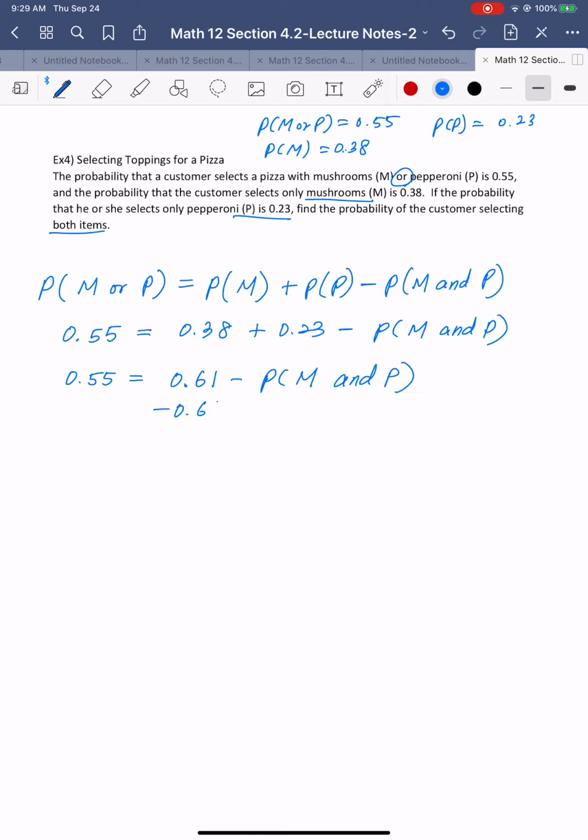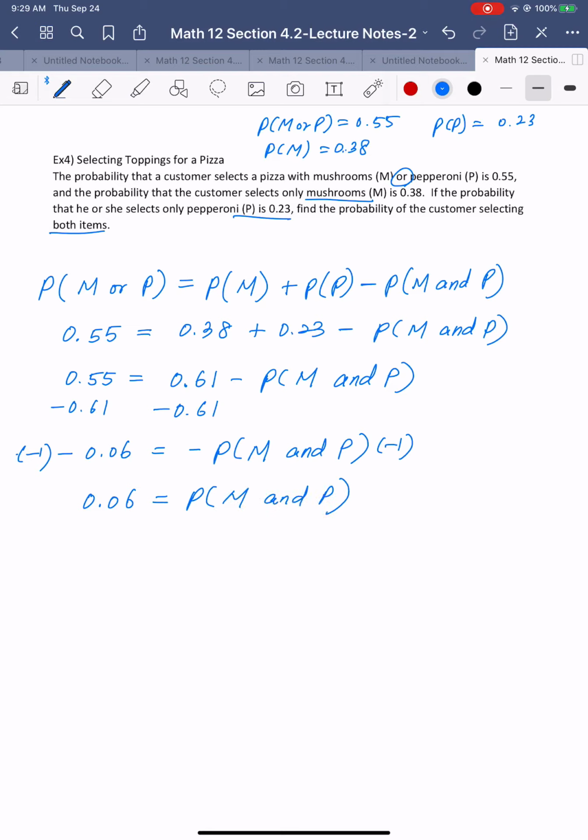Subtract 0.61 from both sides, and it becomes negative 0.06, which is negative the probability of the mushroom and pepperoni. Then I multiply by negative 1 on both sides to get positive numbers. So the probability for the customer selecting both items is 0.06. Okay, that'll be all for 4.2. Thank you for listening.